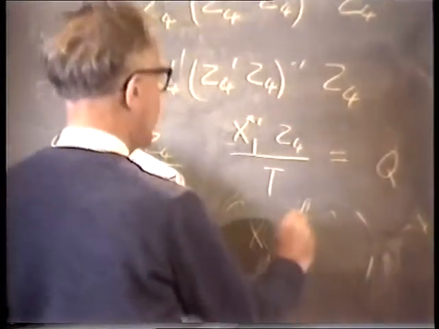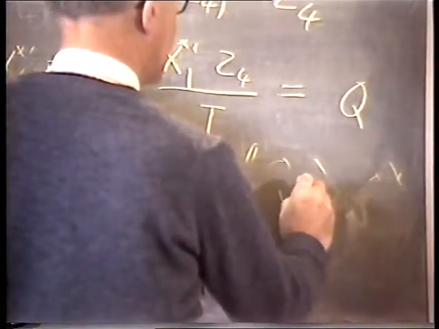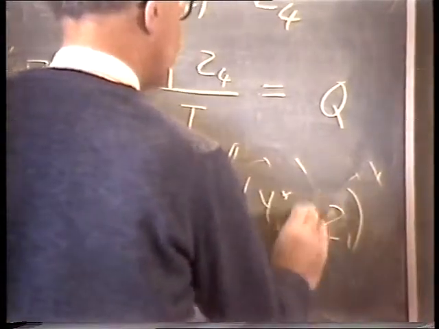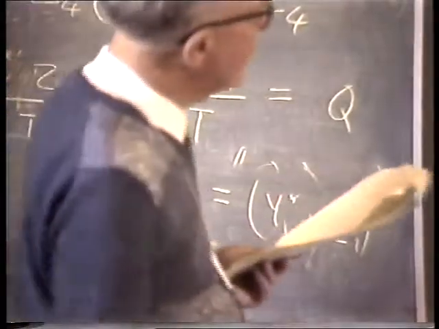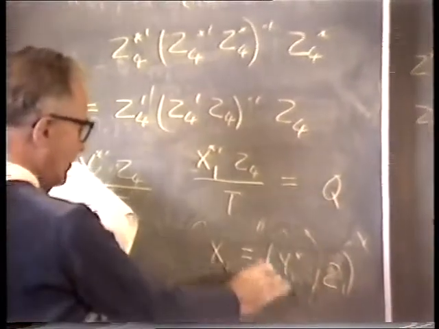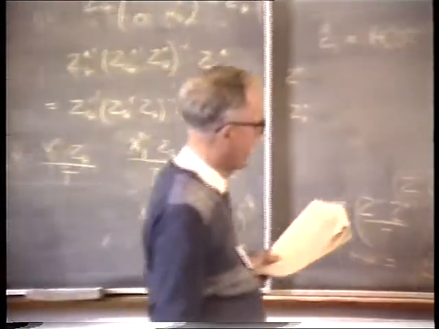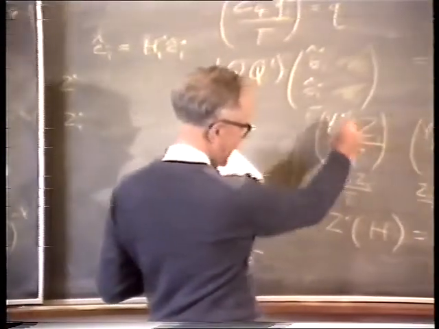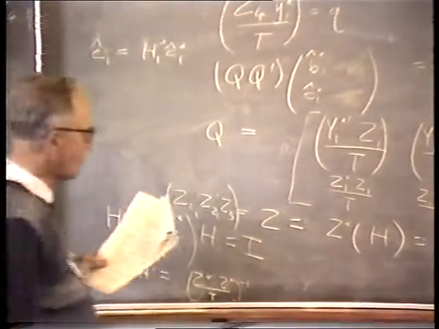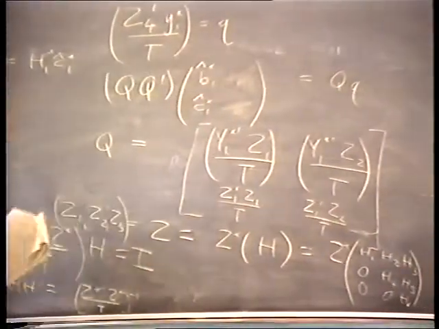It's convenient, perhaps temporarily, to write that x1 is equal to my previous y1 star, but now my transform z1. And the effect of this is that if I redefine my q in terms of the transformed variables, we shall still have a y1 star here, but we shall have a z1 in place of z1 star, defining the lower block of rows.